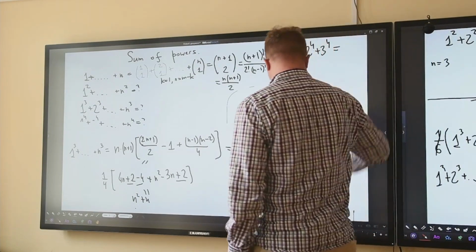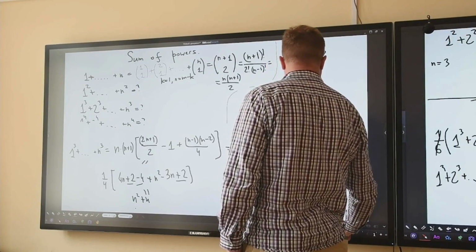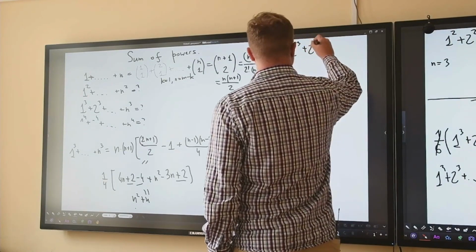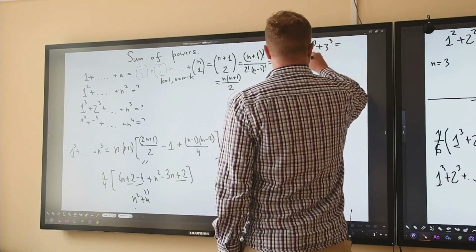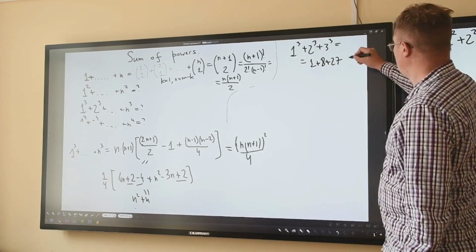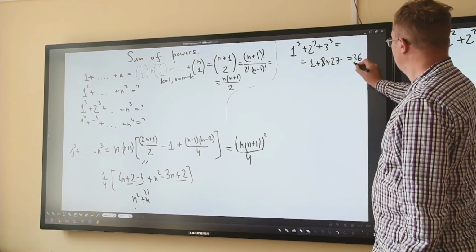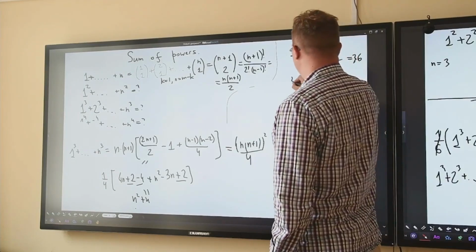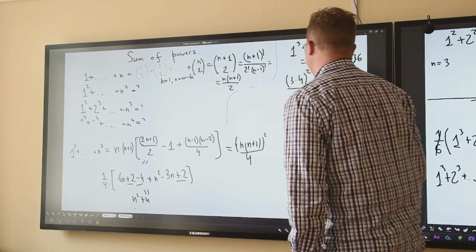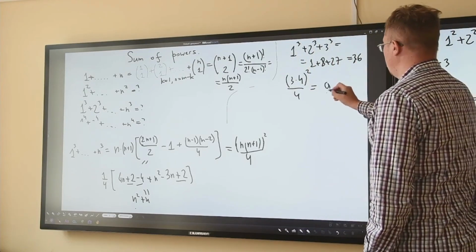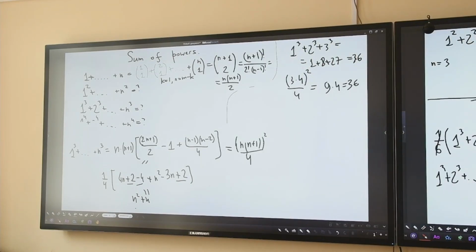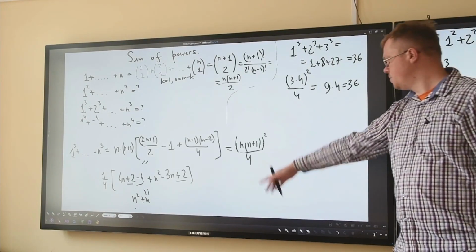Oh, sorry, I count cubes, not first power. One plus 8 plus 27. This is 36. And here I have 3 times 4 squared divided by 4, which is 9 times 4, which is also 36. Okay. So for n equal to 3, this formula actually holds.